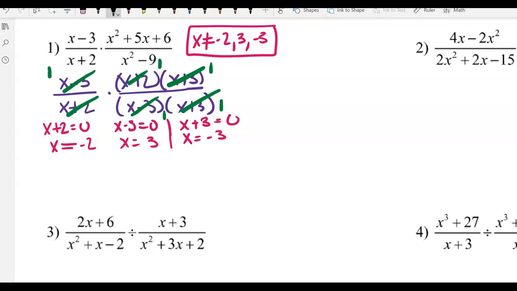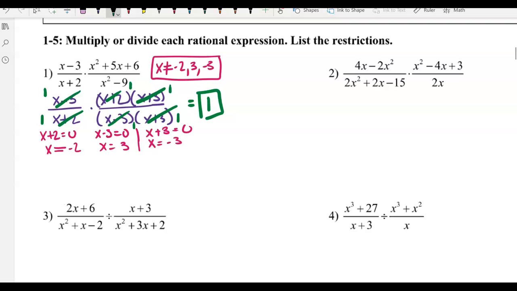So when we divide and make the same, we get 1. 1 over 1 is just 1. Look at that, isn't that beautiful? Does 1 have restrictions? Can 1 ever be equal to 0? No. You can give me $1 and I will give you nothing back. So not fair.